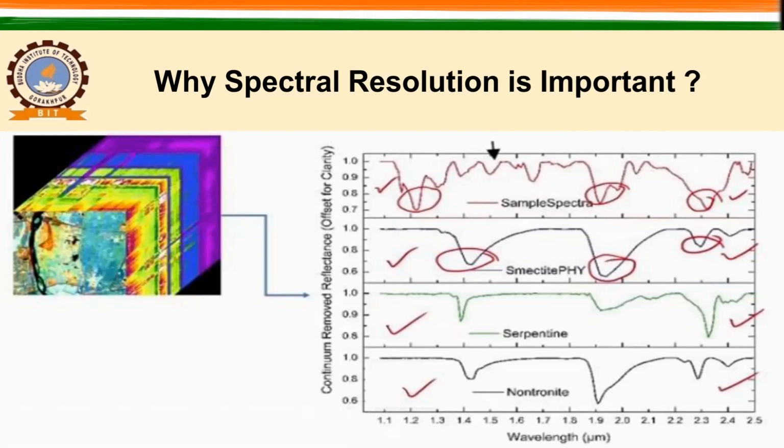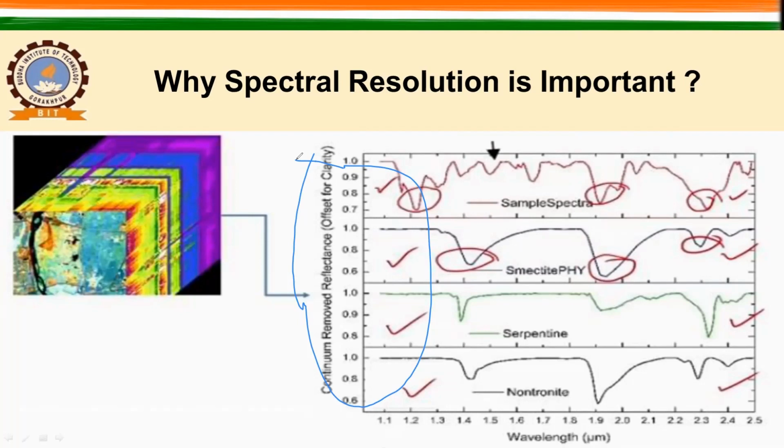Because when you have more values for a given area across the wavelength, you will have this kind of information, as you can see from here. For different materials, you can see these features are changing. Why are these changing? Because of the material characteristics. So you can easily find out the chemical composition of that material based on these spectra.